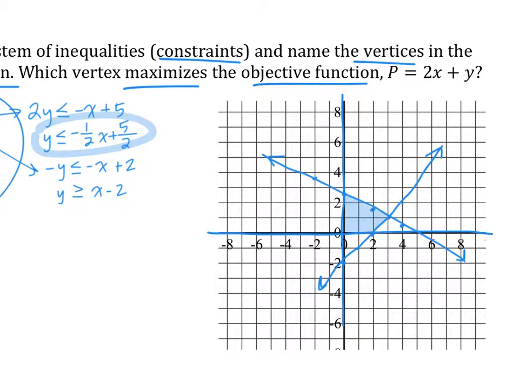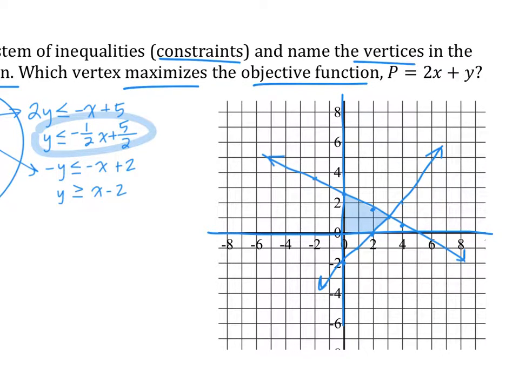We're going to shade up. Up means this side. So this one shades down, this side shades up. So basically they're overlapping right here in this, I guess, diamond region. And then because we want x to be greater than equal to 0, y to be greater than equal to 0, we end up being in this quadrilateral region.